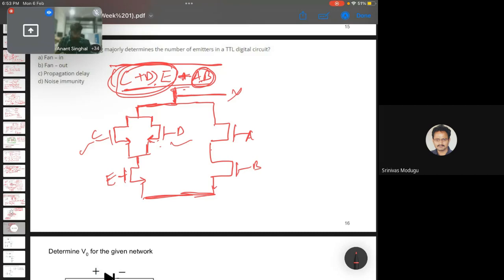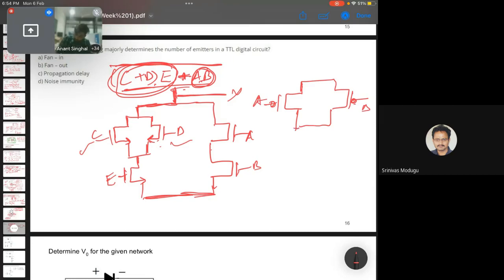So let me try to make the circuit. This C and D will be in series and this A and B will be in parallel. First of all, we'll make this A and B. A and B will be in parallel and they will be in series with this term.